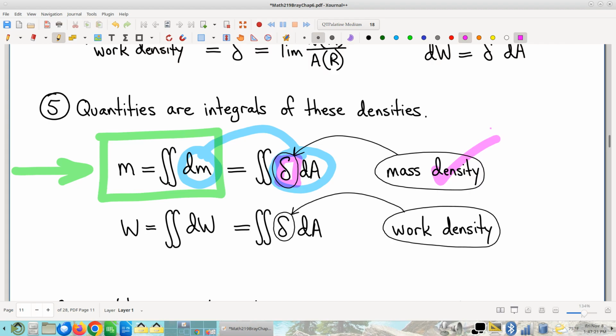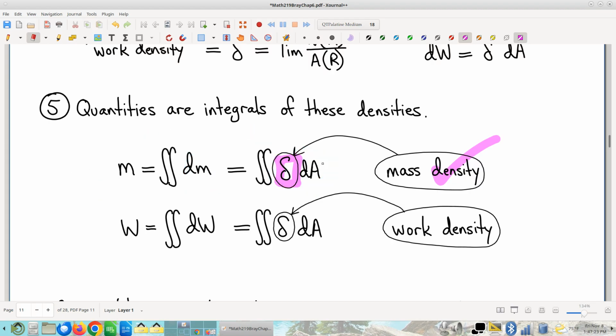Right? Where it starts to seem a little eyebrow raising is when I do that with work, right? And I do the same argument, whole is the sum of the parts, pieces are density times size, and then we have this associated, again, work density, which is not something that's intuitively relatable on first glance until you realize, again, we have an accumulating quantity.